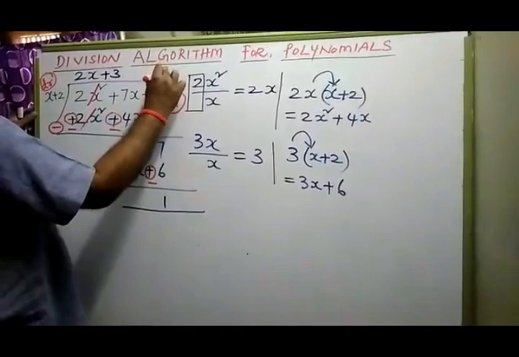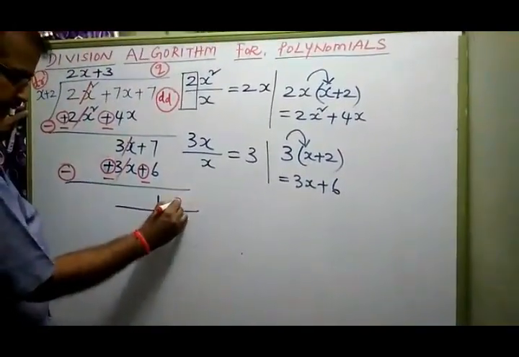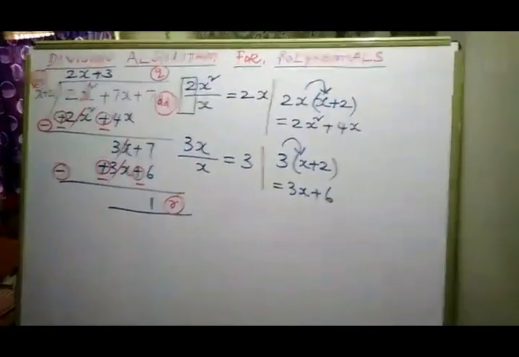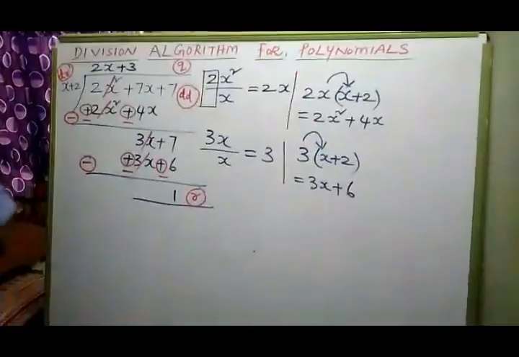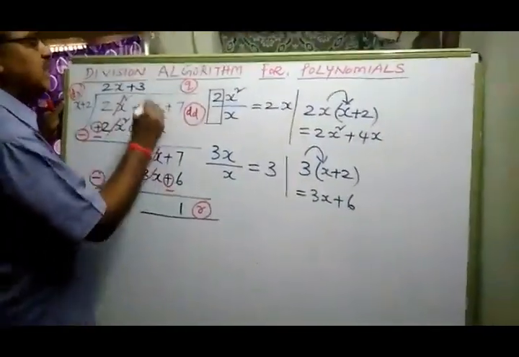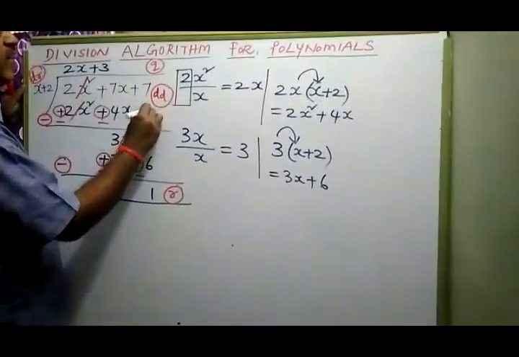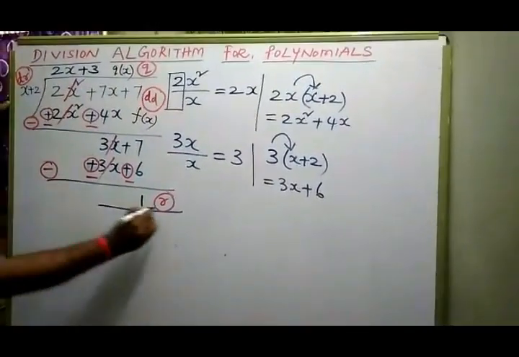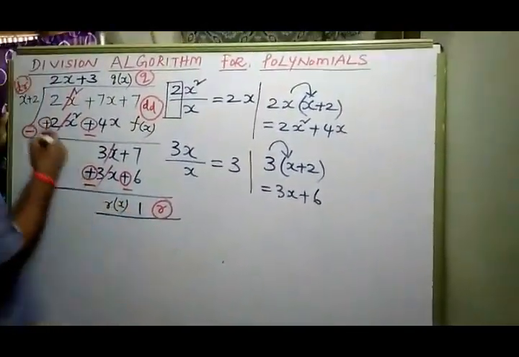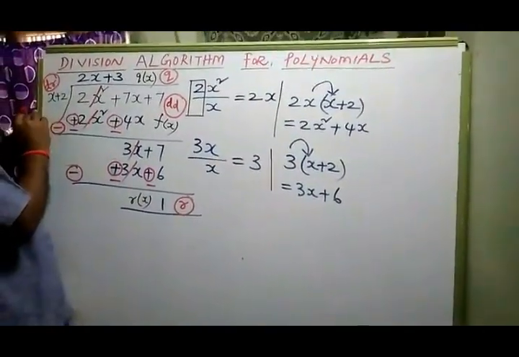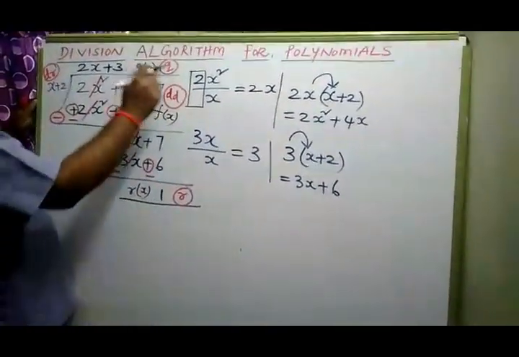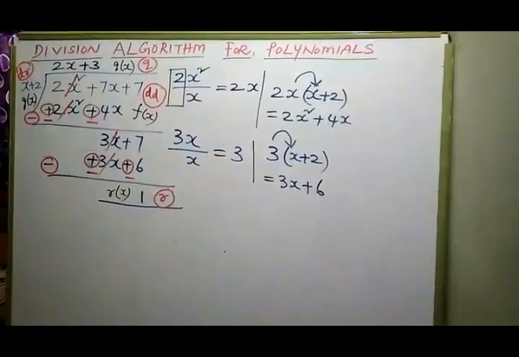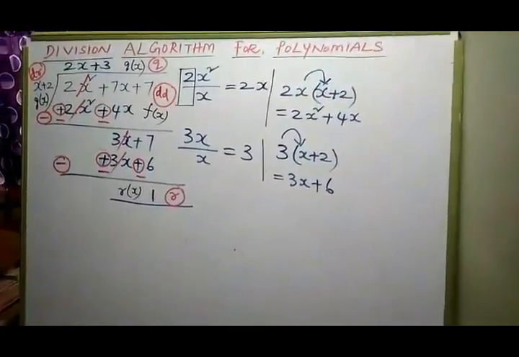I am writing shortcuts. Normally, we keep names: for the dividend we use f of x, this is q of x, this is r of x, and for the divisor, you can write anything, but normally we use g of x. Now division is completed.